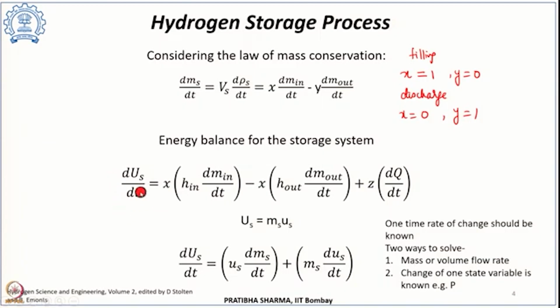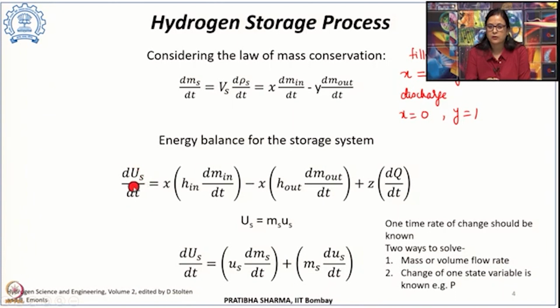The rate of change of the internal energy inside the storage unit, dUs upon dt, is given by x times the specific enthalpy entering the system times the mass flow rate entering the system, minus y times the specific enthalpy leaving times the rate of change of mass leaving the system, plus another coefficient z times the rate of heat exchange dQ by dt.